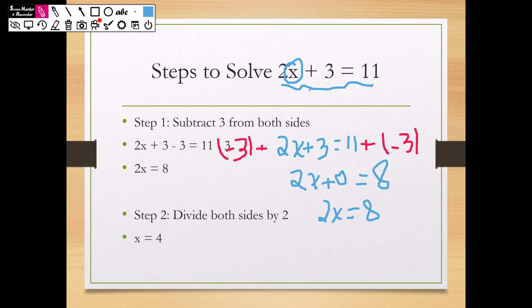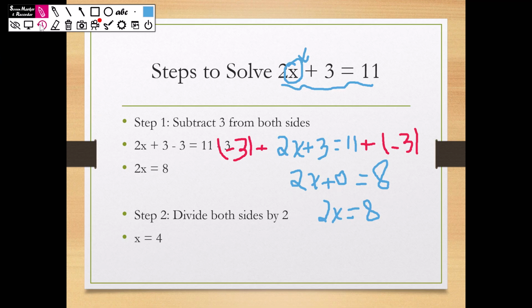So we want to find the value of x. Here we reached that 2x equal to 8. But we want the value of x alone. We don't want the value of 2x. We want only the value of x alone.